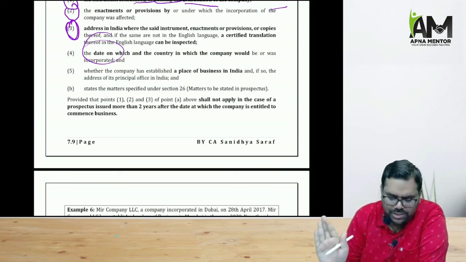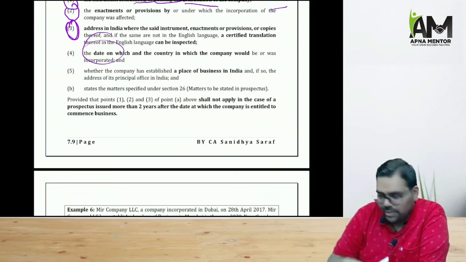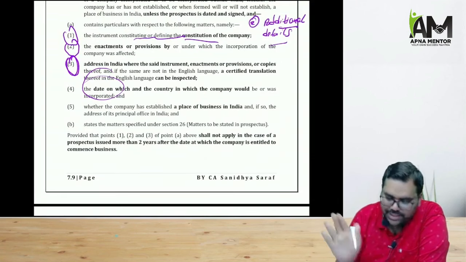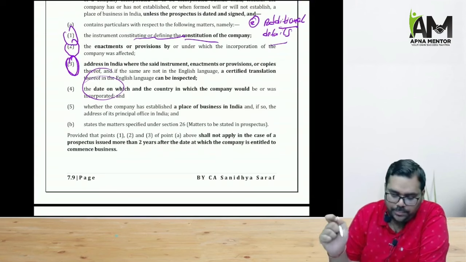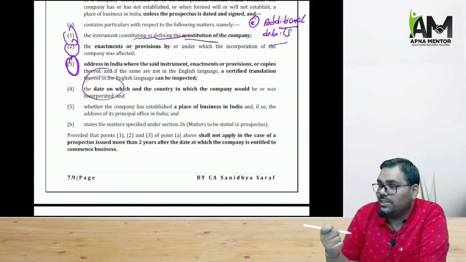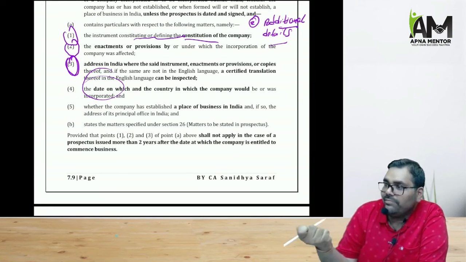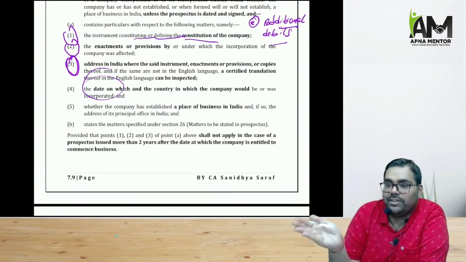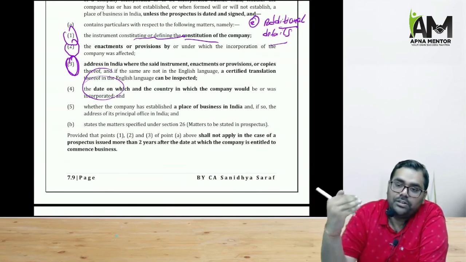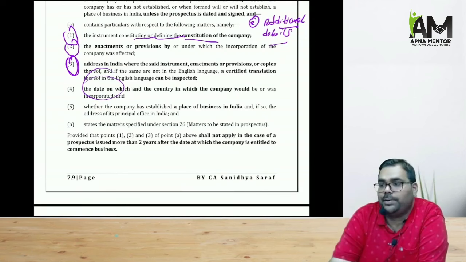In that situation, it is totally fine. The company will not be required to submit these details about the instrument, about the enactment, the certified translation copy, if it is a 2 years old company.